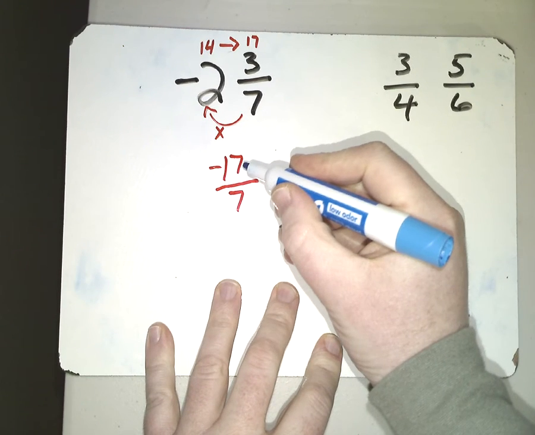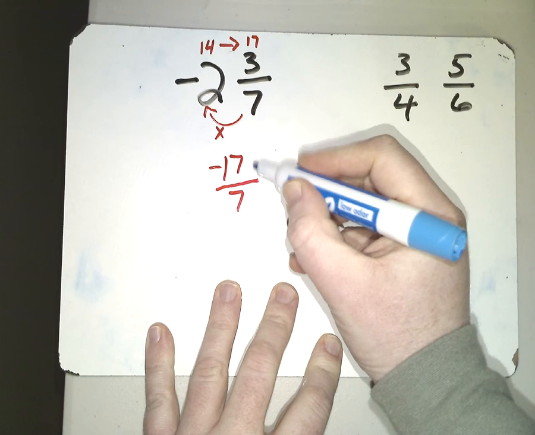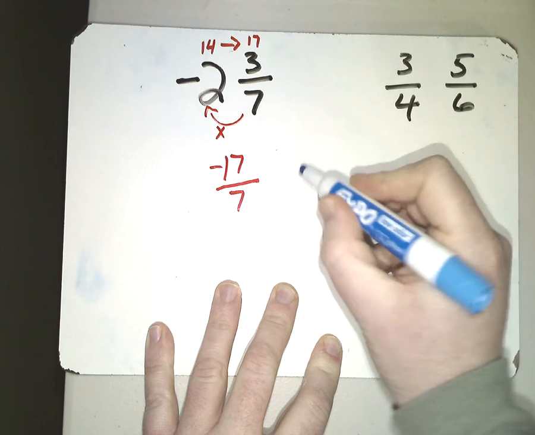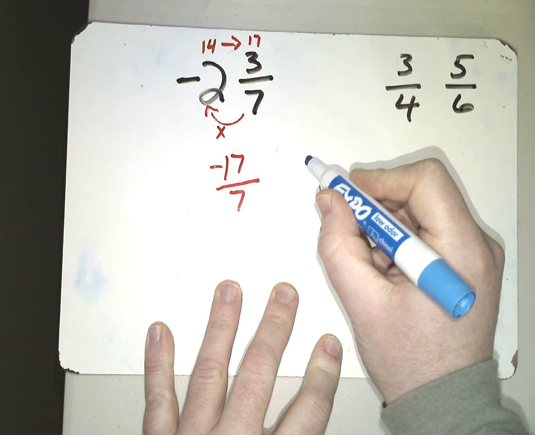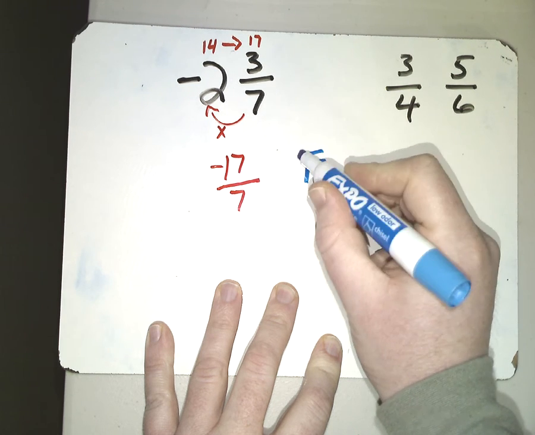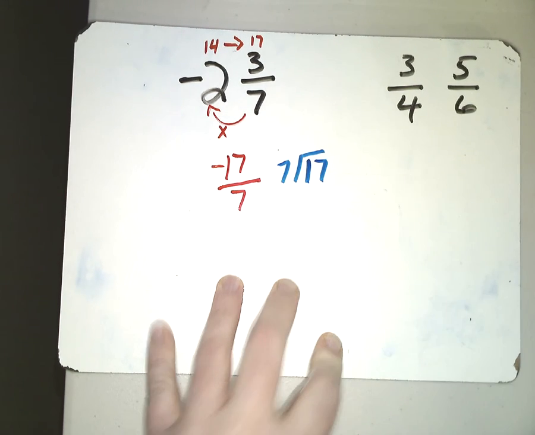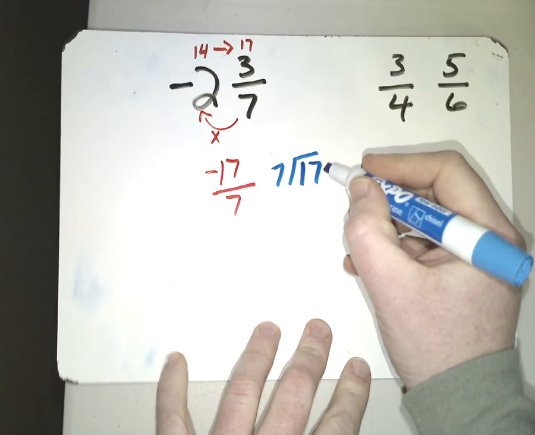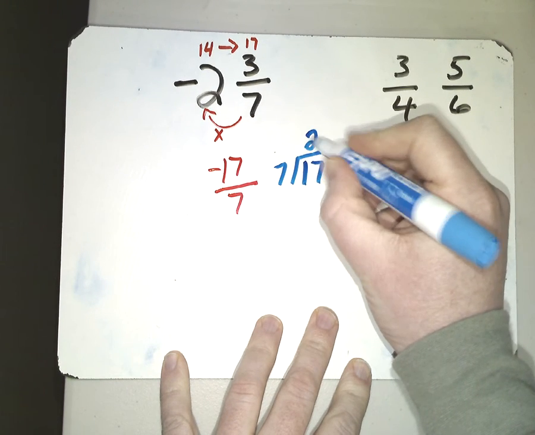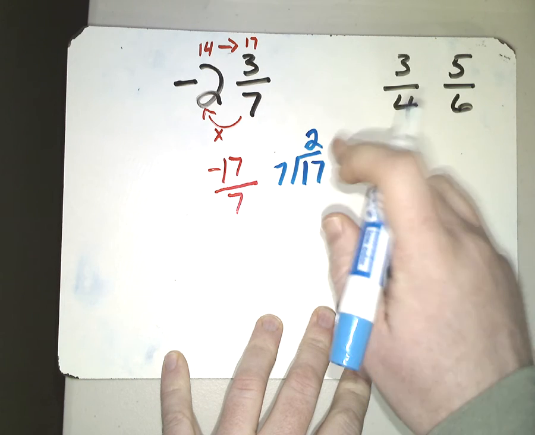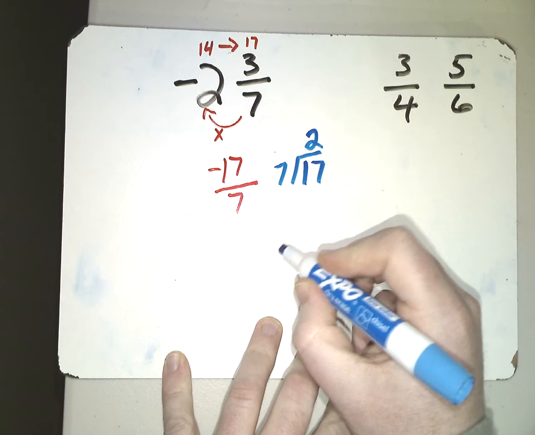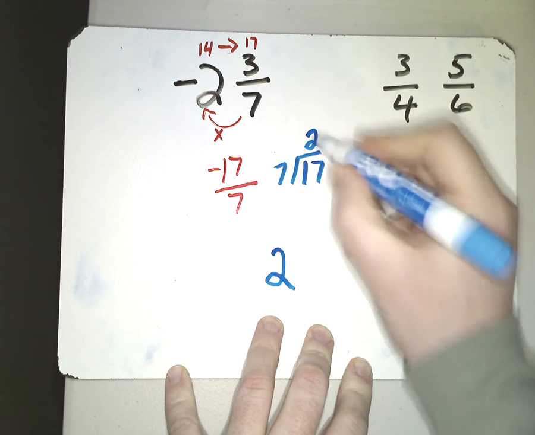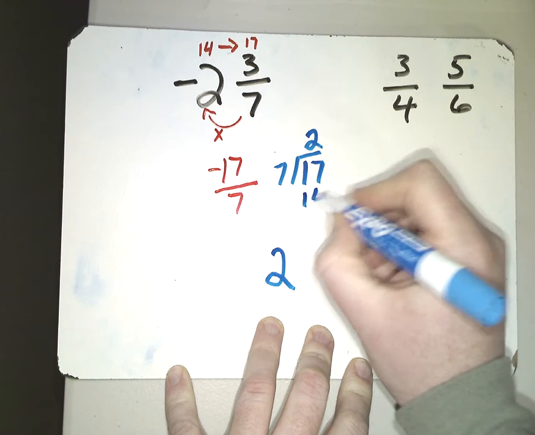Now if I want to bring this back to a mixed number to check my answer, I'm going to ask myself, okay, 17 divided by 7. 7 goes into 17 2 times. That's my new whole number, 2. 2 times 7 is 14.